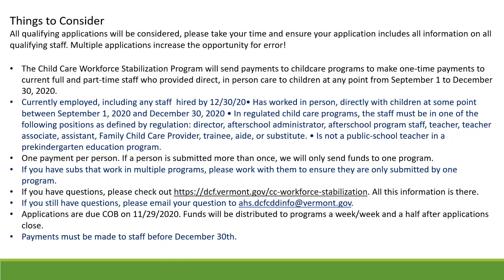Great, thank you, Sheila. And one final question, perhaps: how many applicants are you anticipating? Heather, do you want to talk about the numbers that we think we might get? Sure. Applications are by program. We think there are approximately between 1,100 and 1,200 programs that potentially could be eligible.